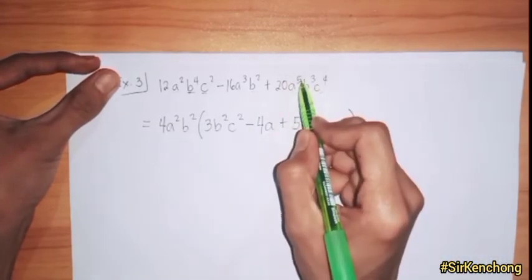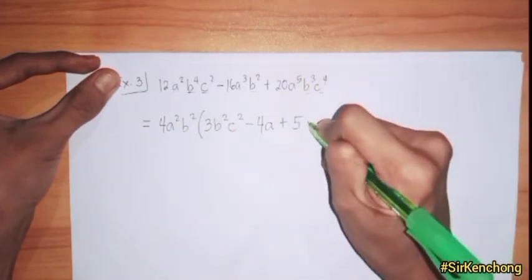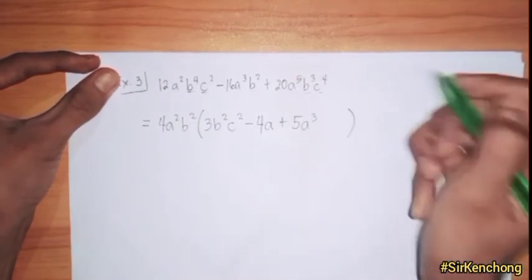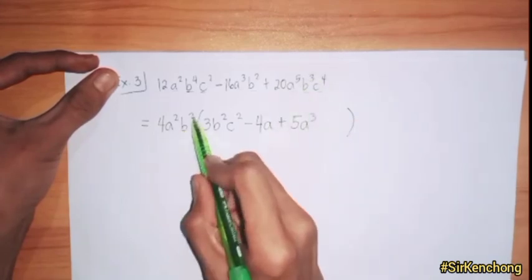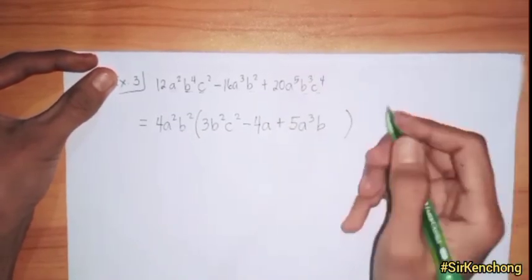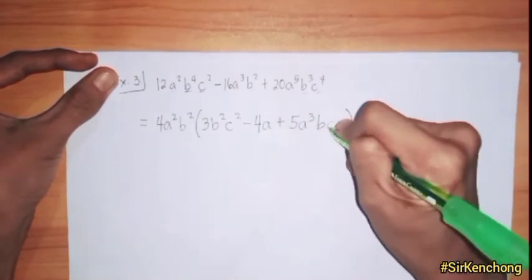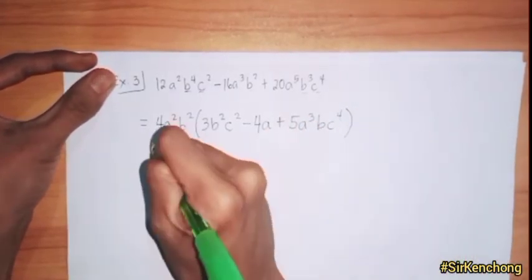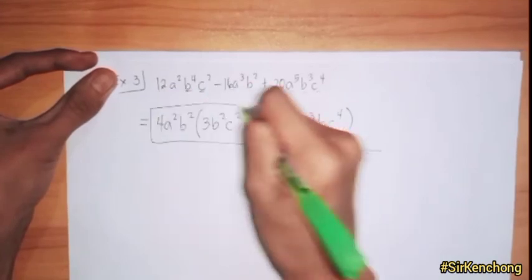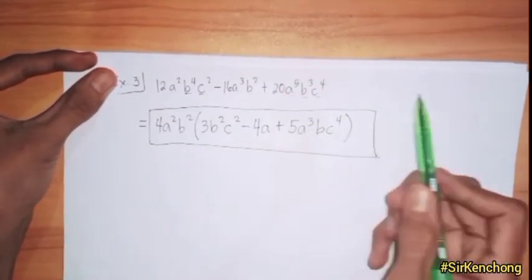So, subtract natin yung exponents. 5 minus 2. That's 3. So, A to the 3rd power. B cubed divided by B squared. Meron pang isang B na naiwan. C to the 4th power. Wala namang C sa GCMF. So, we copy lang. C to the 4th power. And this is now the complete factored form of our polynomial.